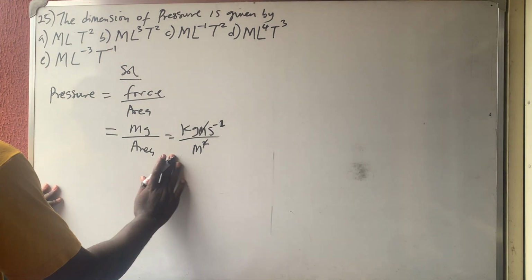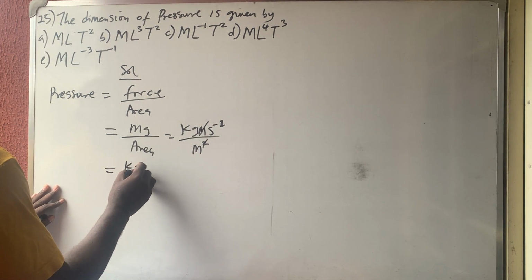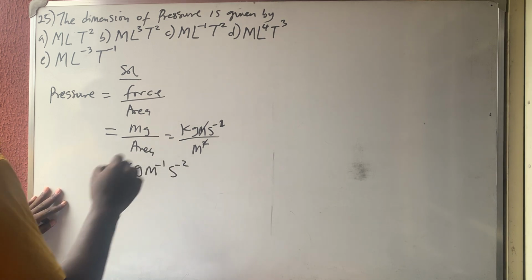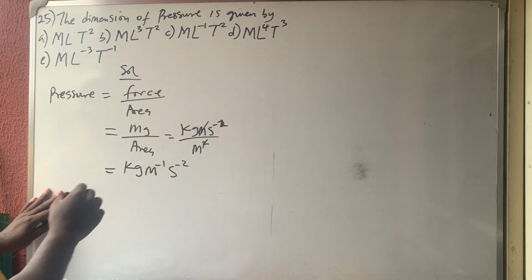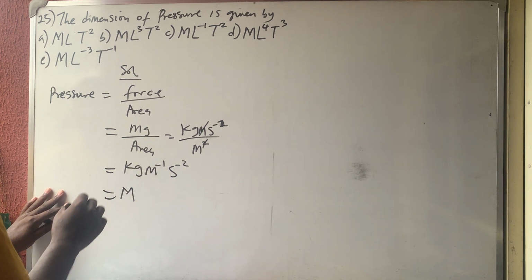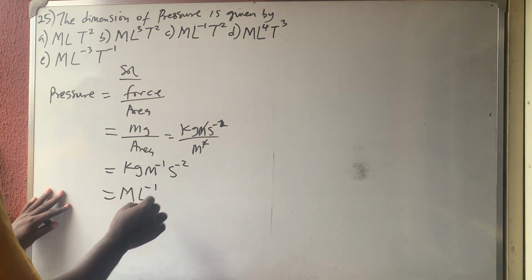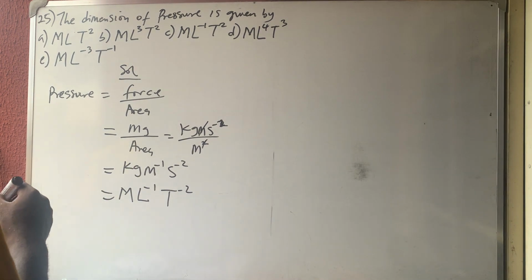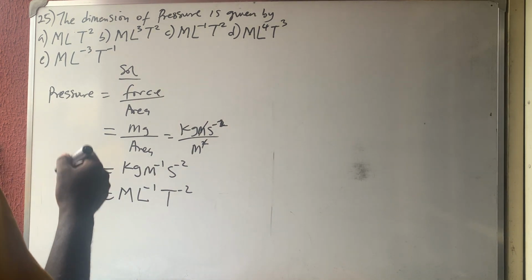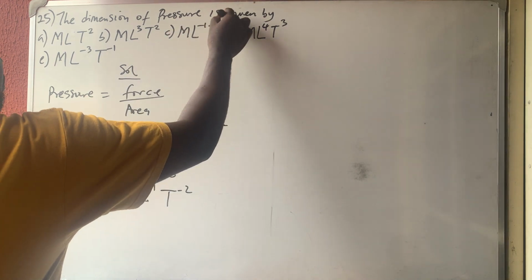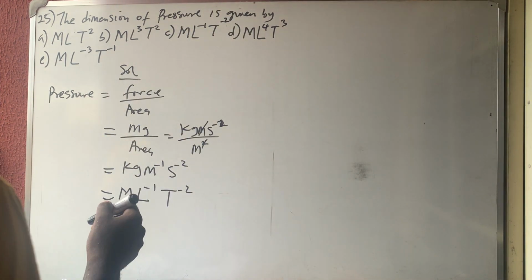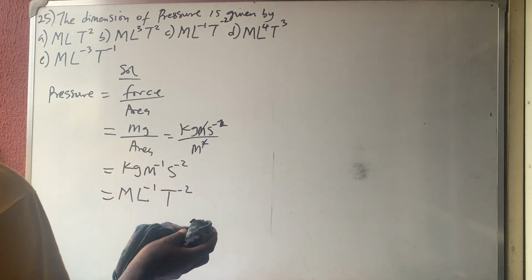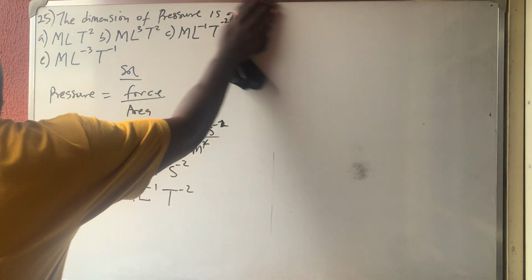I'm having that the SI unit is kg per meter per second square. Kg is mass, meter is L minus 1, T minus 2. So you see that answer C is the correct option. Okay, very simple and clear.